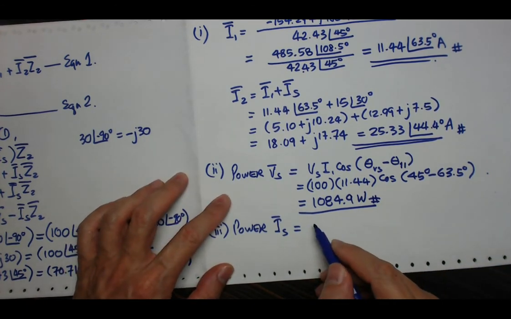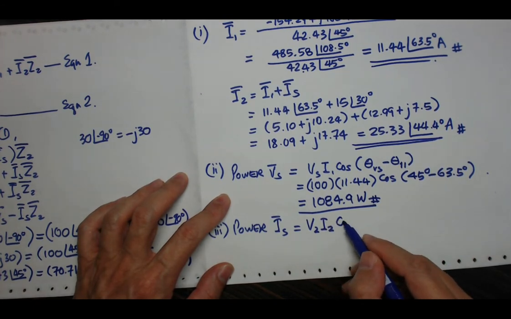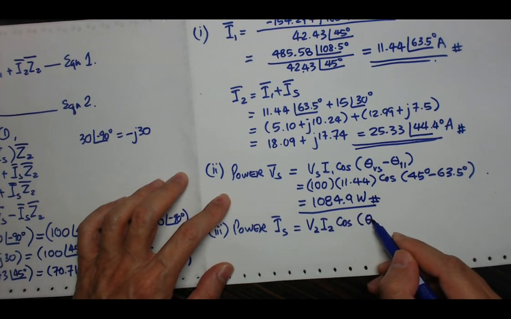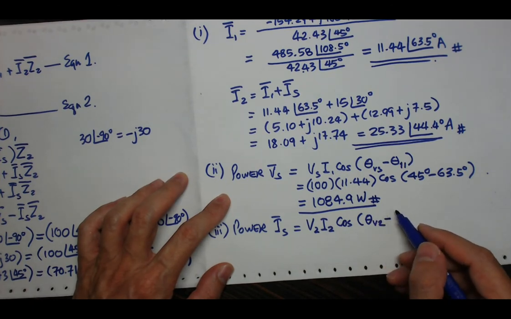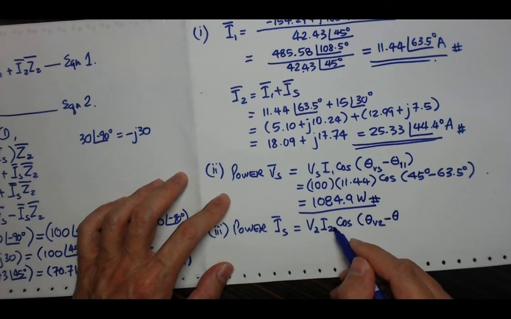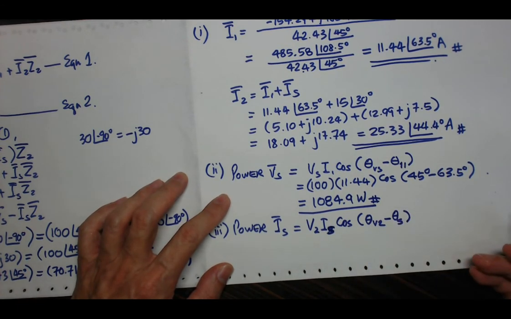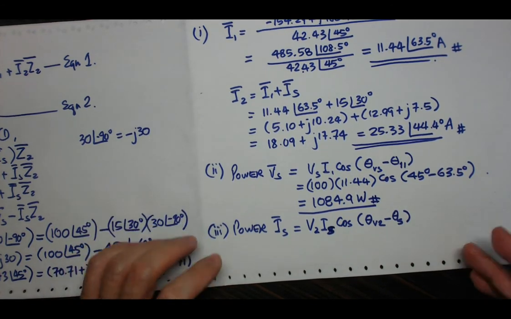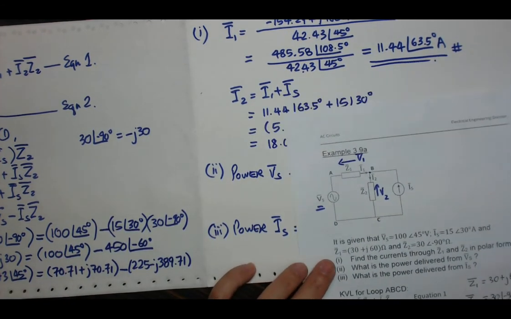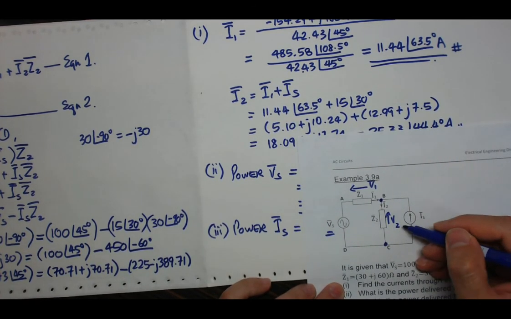So if I write the formula out, it should be V2 and I2 cosine of the angle of V2 minus the angle of IS. Because IS has the same voltage as V2, right?